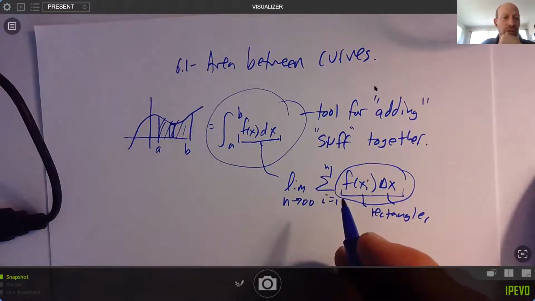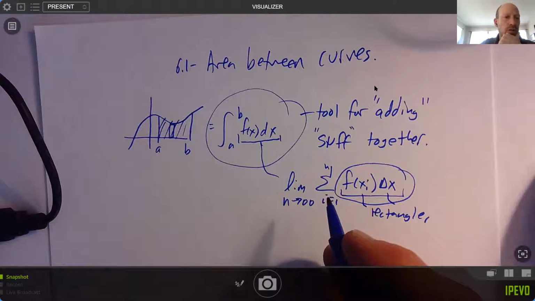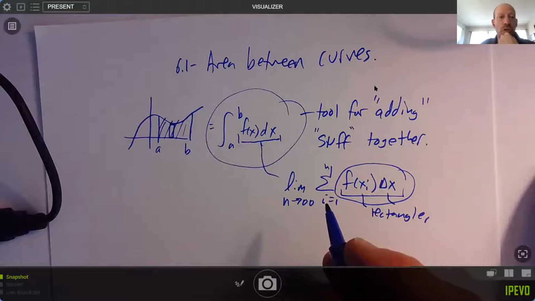That's where this definite integral loses its restrictions and becomes a tool to calculate all kinds of things that were not possible before, in this infinitesimal way. The limit as n goes to infinity is the new calculus idea, and applying that to adding up different things is a powerful tool.